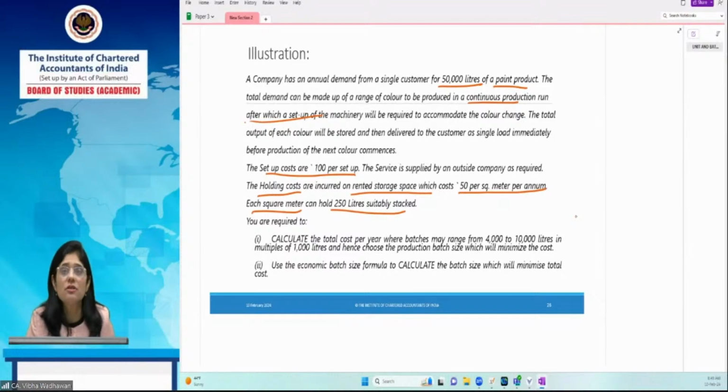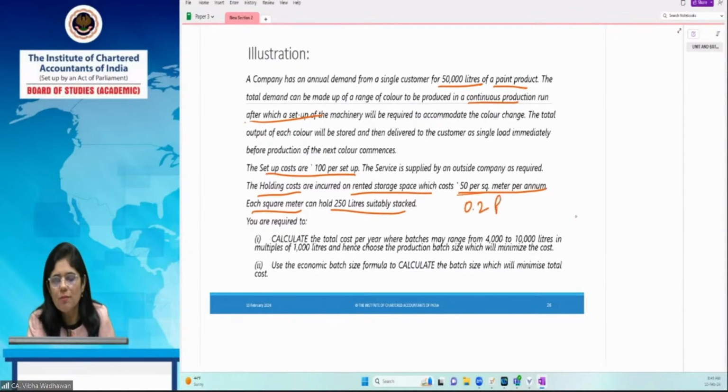So how much is the storage cost per unit? We want the carrying cost per unit, and the unit is liter here. They have given the cost per square meter, but 1 square meter can accommodate 250 liters. So what is the cost per liter? 50 divided by 250.